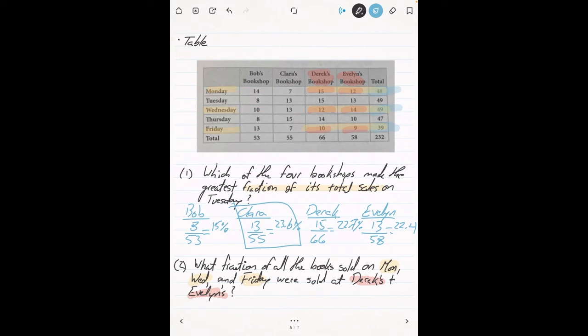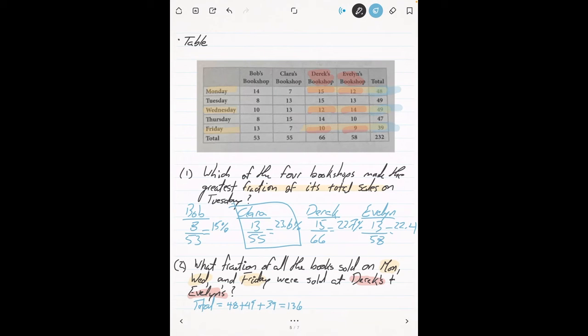Here were the total sales for Monday, Wednesday, and Friday. Here's how many were sold at Derek's and Evelyn's. Try to come up with a fraction that represents, of all the total sales, how many were sold specifically at Derek and Evelyn's for these 3 days. Pause the video, take a couple minutes to try to figure this out, and let's check back in to see what you get.